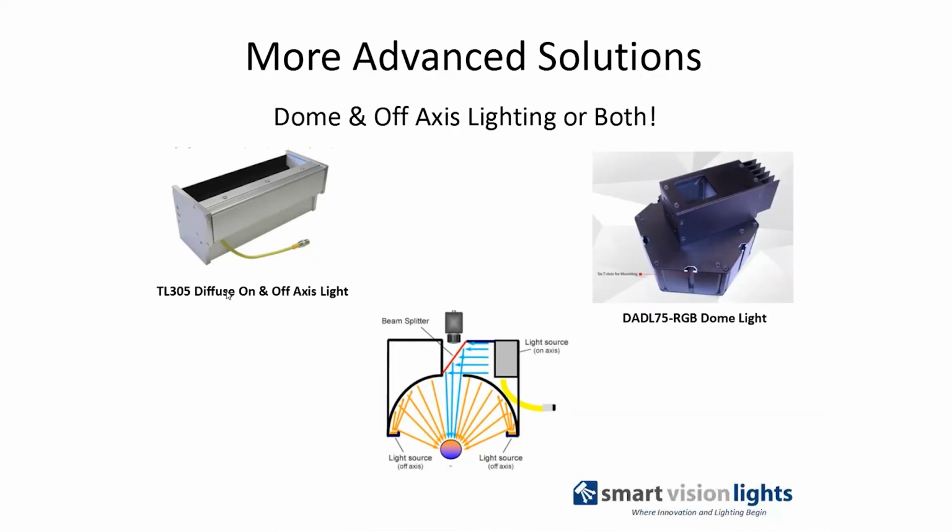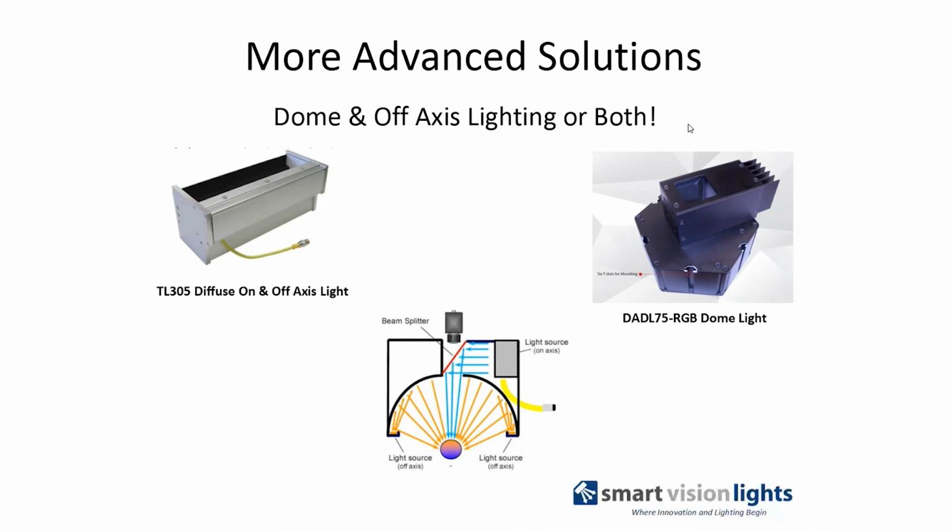The TL305 I used for this example, but going back to dome lights, we also have similar solutions, where we take a look at a product like our DADL75 RGB dome light. In this case, we've taken our large dome lights and put what is called a coaxial light, which is essentially the same beam splitter and light, but in a discrete module.